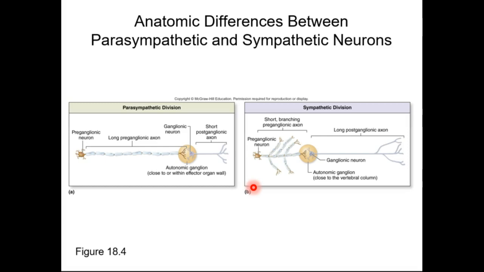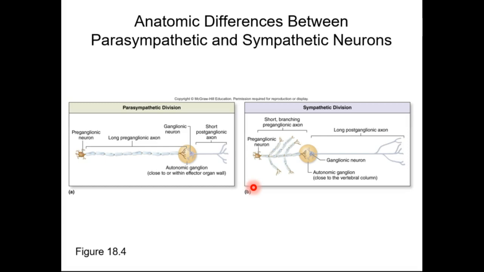On the parasympathetic division, the postganglionic neuron is short. It doesn't seem like the most significant thing right now, but this will have significance to you. You do need to know parasympathetic, preganglionic long, postganglionic short. Sympathetic, preganglionic short, postganglionic long. That's going to give you some of the characteristics of each of these divisions.